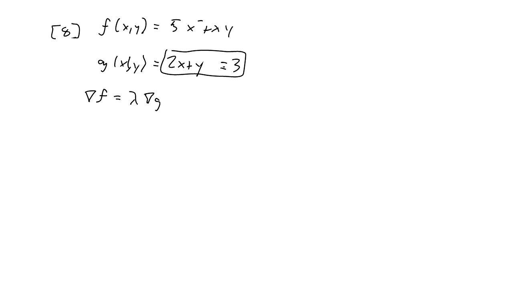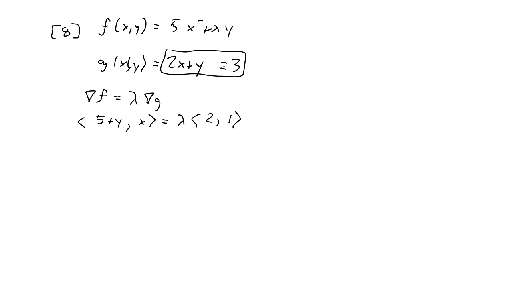So the gradient of f is, first of all, the derivative with respect to x, which is 5 plus y, and then the derivative with respect to y, which is just plain old x. And that's going to equal lambda times the gradient of g. The derivative of g with respect to x is 2, and the derivative with respect to y is 1.